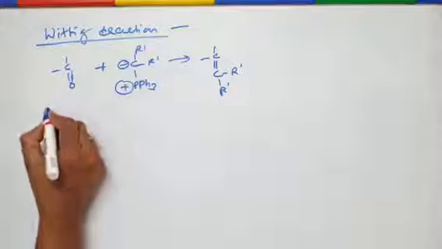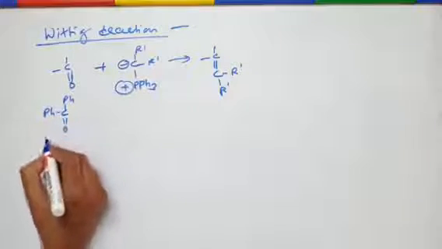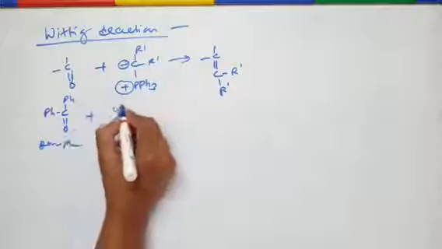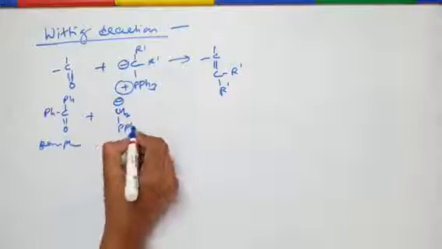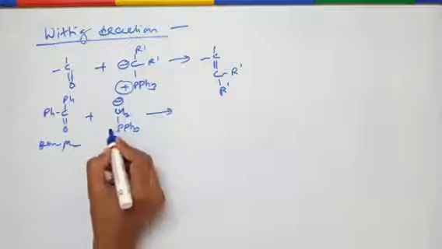For example, see here Ph2C double bond O, that is benzophenone, plus it is treated with the methylene triphenylphosphorus methyl ylide. Now an addition reaction takes place.